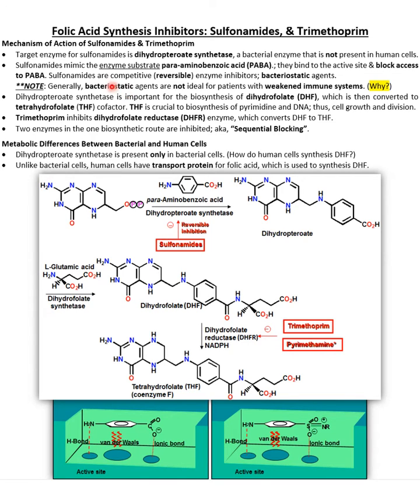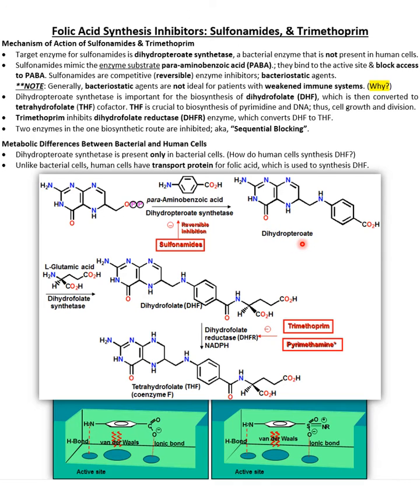Okay, let's start with the folic acid synthesis inhibitors such as the sulfonamides and trimethoprim. Let's start by looking at this graph. This is what happens in the bacteria. This molecule here, dihydropteridine diphosphate, is converted by an enzyme called dihydropteroate synthetase, which requires this molecule, para-aminobenzoic acid, to synthesize dihydropteroate.